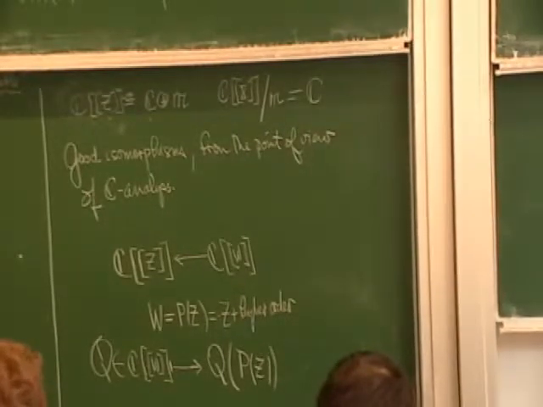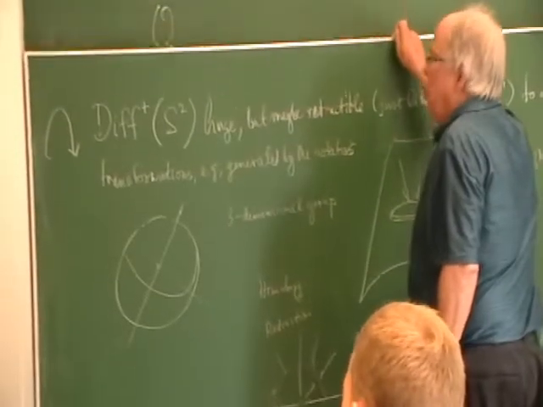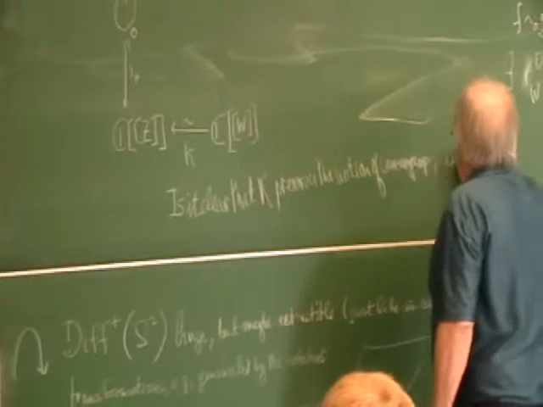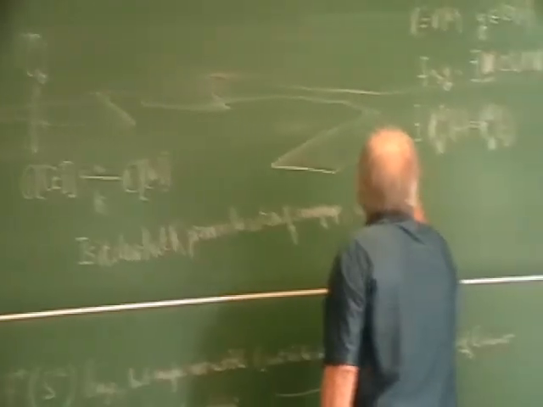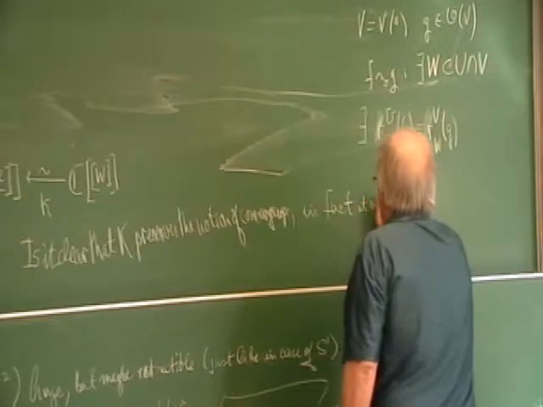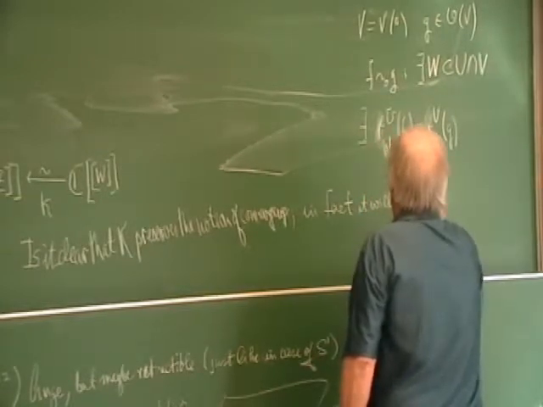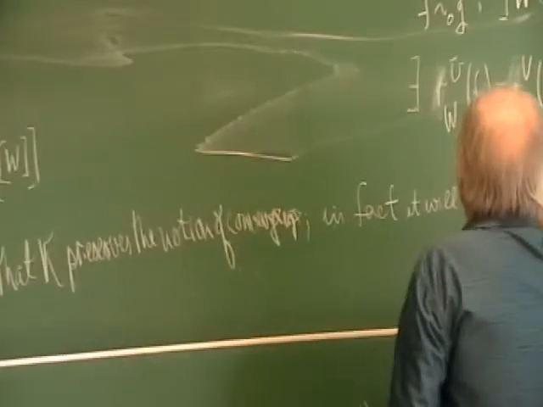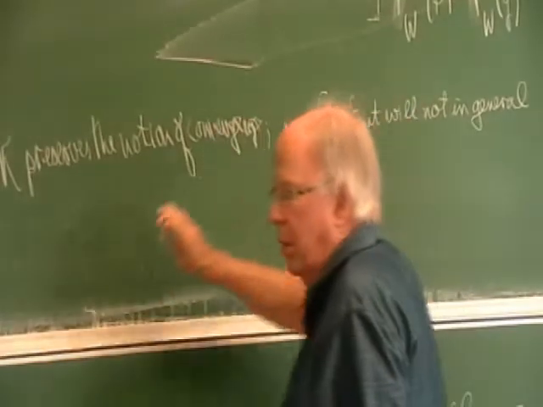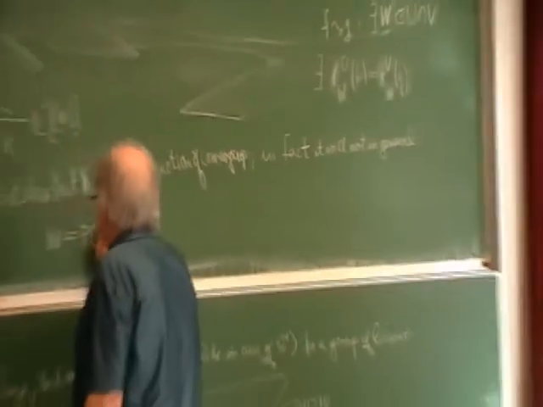So I tell Kayvon, it's not clear. In fact, it will not in general. So W equals P of Z should be convergent.